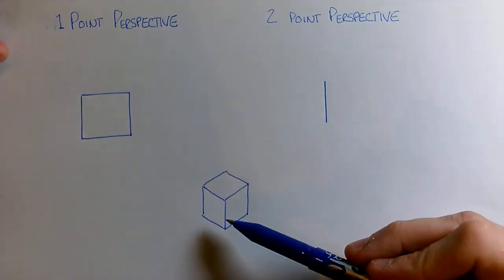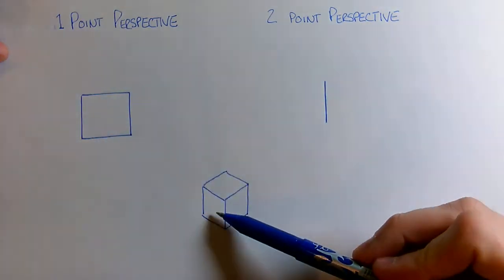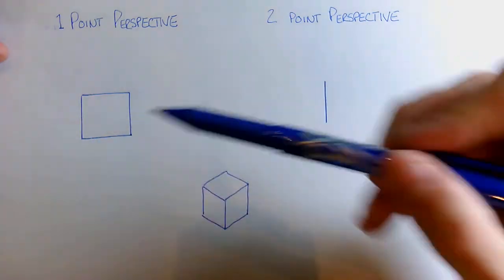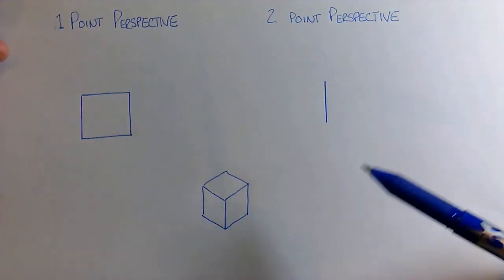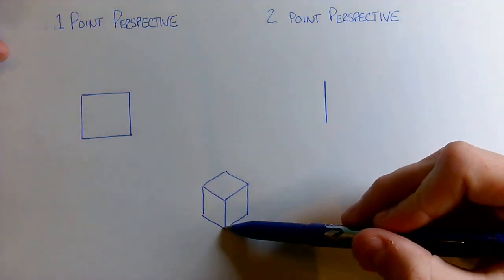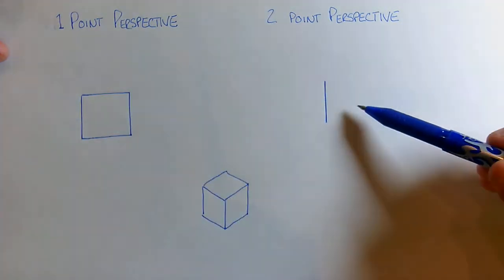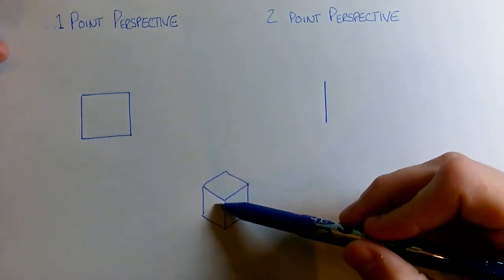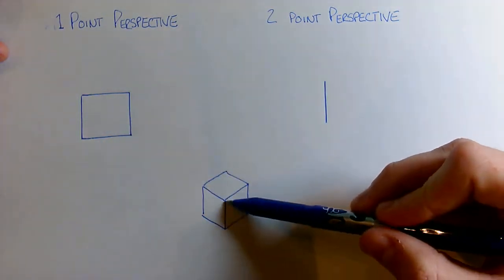To create it in 1-point perspective, I start by taking one of the faces, a nice square, 2D, not 3D. And for 2-point perspective, this line represents this starting edge right here. So this isn't a face, this is an edge. If this shape was that face, that edge is the exact same as this edge when you think about it.